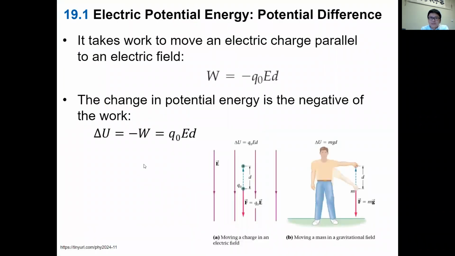Last time we talked about electric potential energy. Basically this is an analog to gravitational potential energy. In a similar fashion, the change in electric potential energy is QEd, where E is the electric field and d is the distance that the charge moves. Similar to mgd, where E is the electric field and g is the gravitational field.